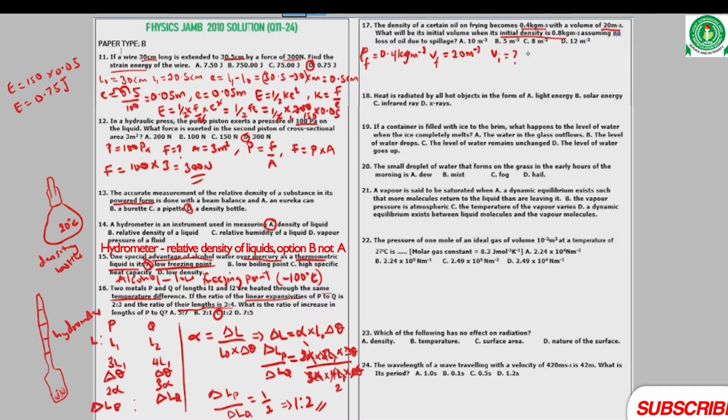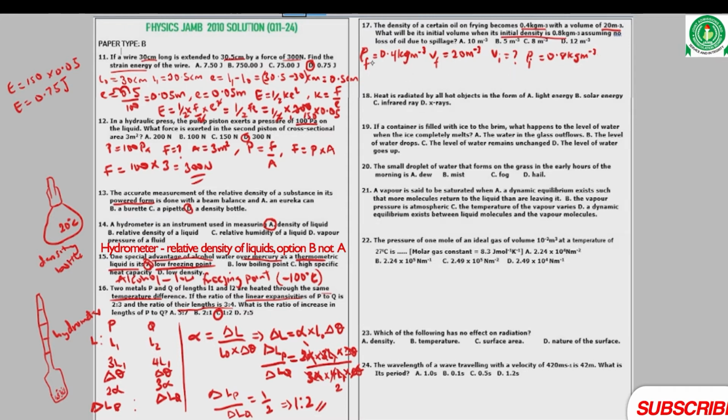if its initial density is 0.8 kilogram per meter cube, assuming no spillage of oil during the process of frying.